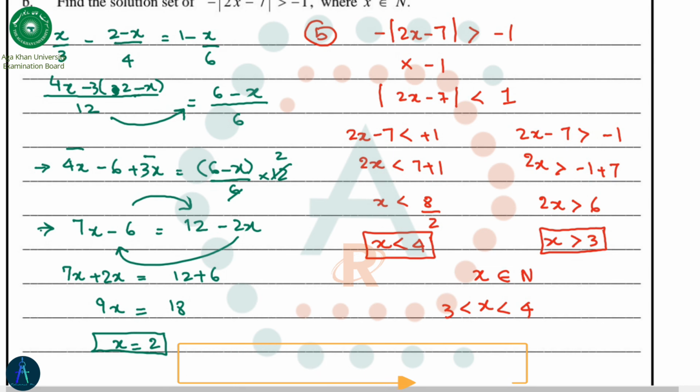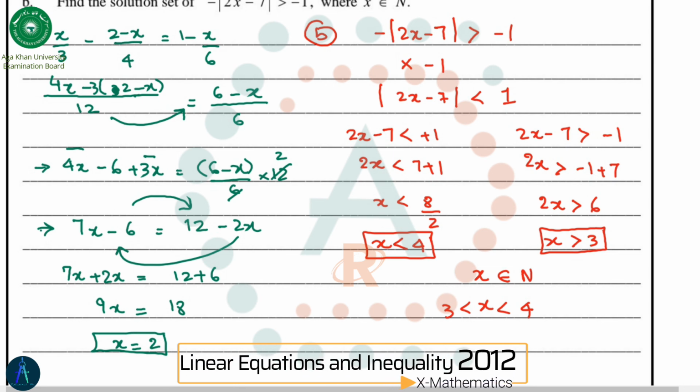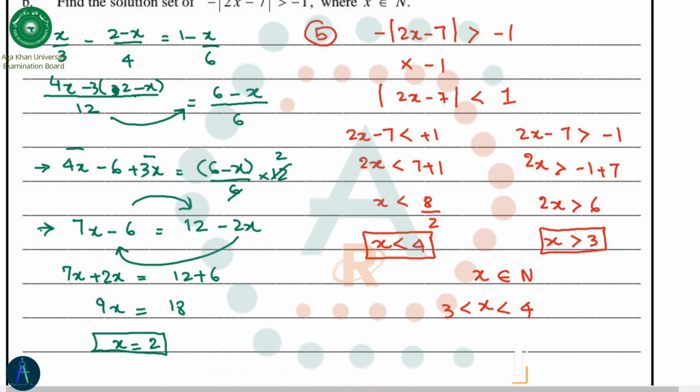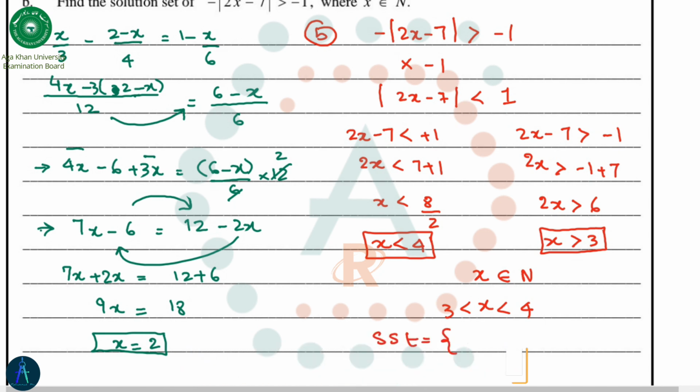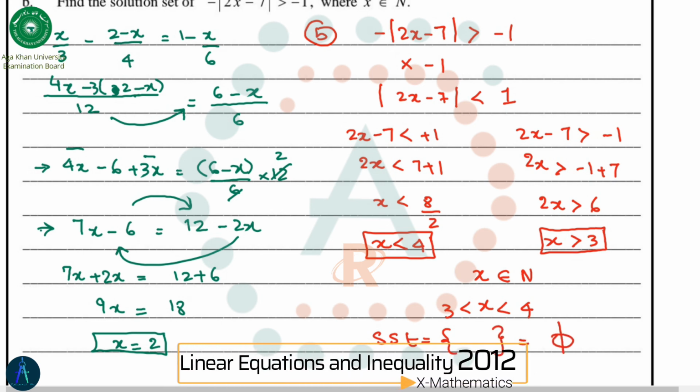We know that 3 is a natural number, 4 is the next natural number, and there is no natural number between 3 and 4. So in this way our solution will be equal to the empty set.